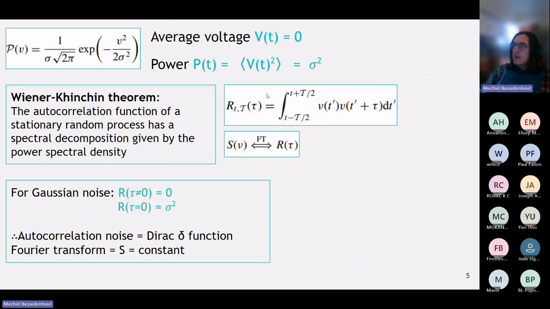If we look at the autocorrelation function on the right there, this R function of tau, what the autocorrelation means is you take the voltage at some given time t and you multiply it by the same voltage at a different time, at some delayed time tau. And you multiply them together, and then you take the integral over the delay between those two samples.